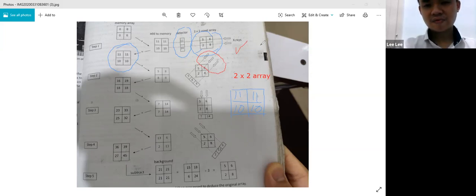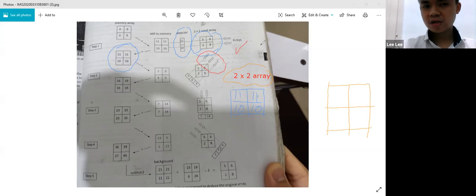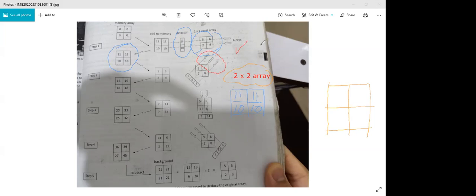And then as I told you before, the reading that you get always has to be placed in a 2 times 2 array. So 2 times 2 array right now is, can you see the orange box that I just drew recently? The one on the right.